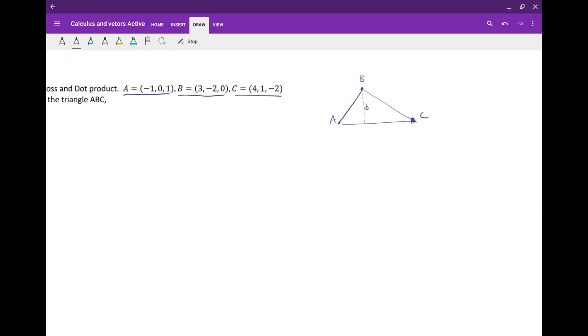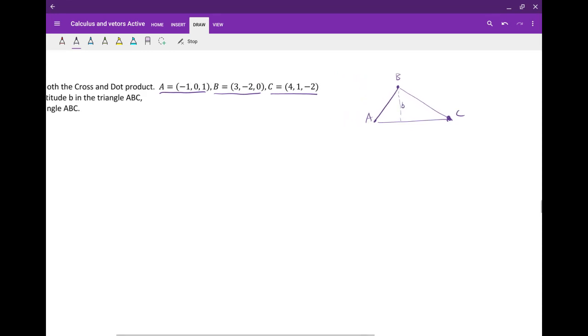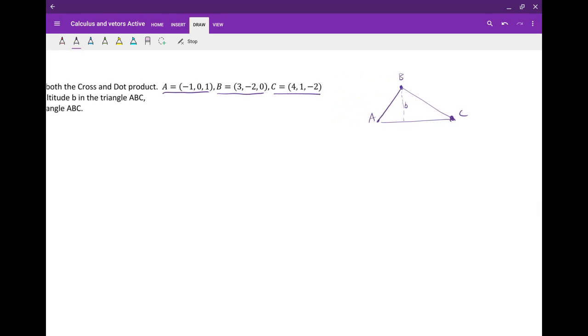The altitude B is the altitude that goes through B, and essentially what we're trying to do is determine the length of this. And as it turns out, one of the best ways to get this done is to figure out the area of this triangle.